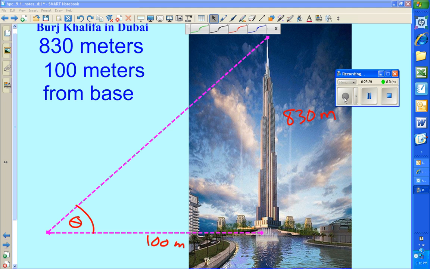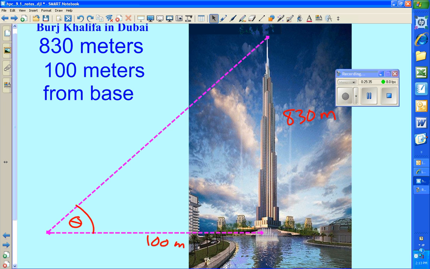No. What's the equation? Tangent of theta. Tan theta is equal to 830 over 100. So now you can do tan inverse.